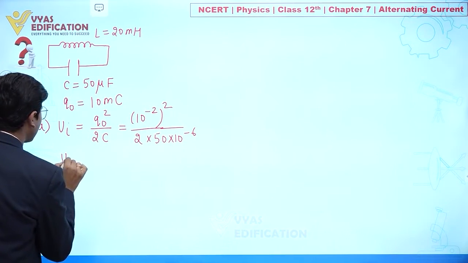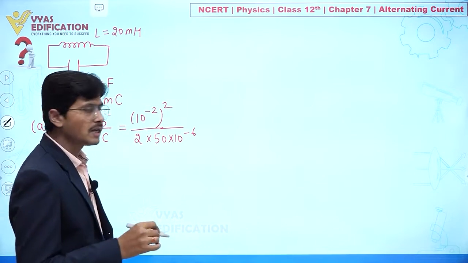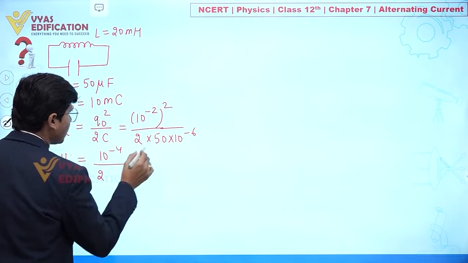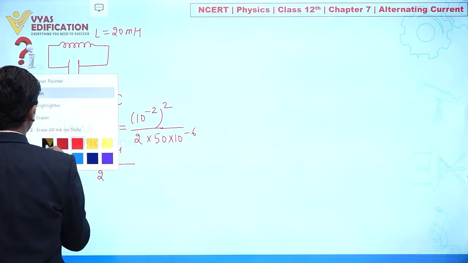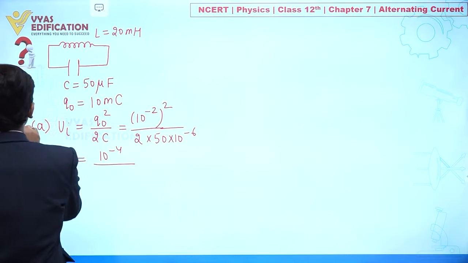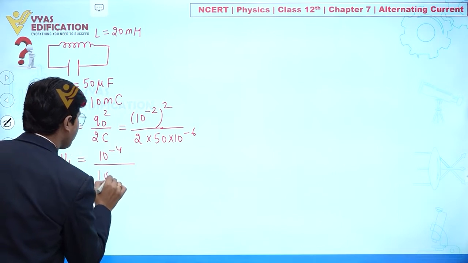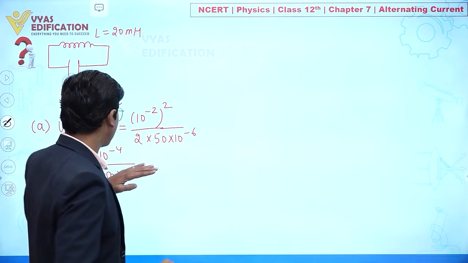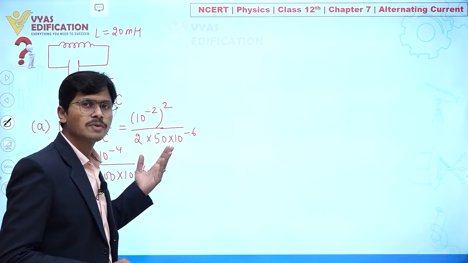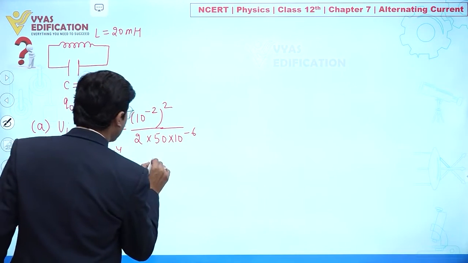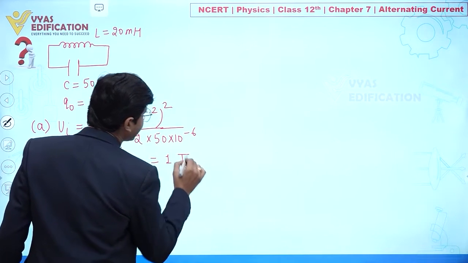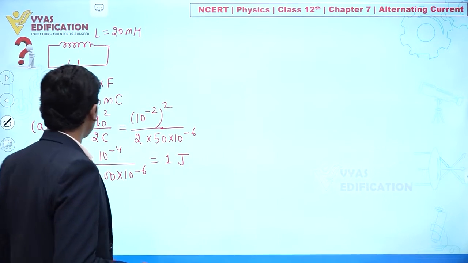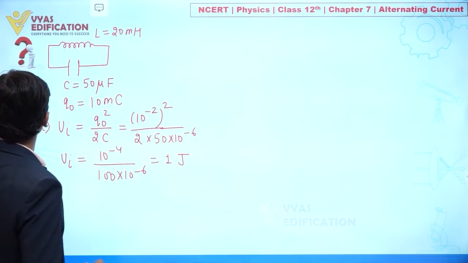So from here we can find initial energy stored in a capacitor, 10 to the power minus 4 divided by 100 multiply 10 to the power minus 6, clear. When this 10 to the power minus 6 goes to numerator, it becomes 10 to the power 2, and finally we are getting initial energy stored equal to 1 joule, clear to everyone. So this is answer of part number A.